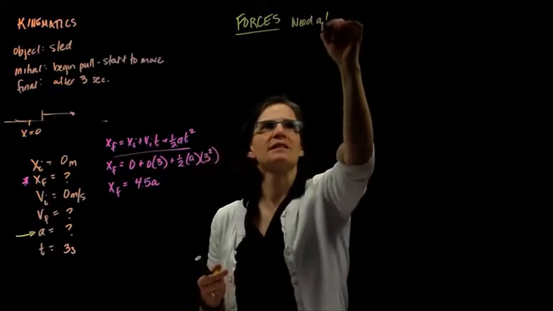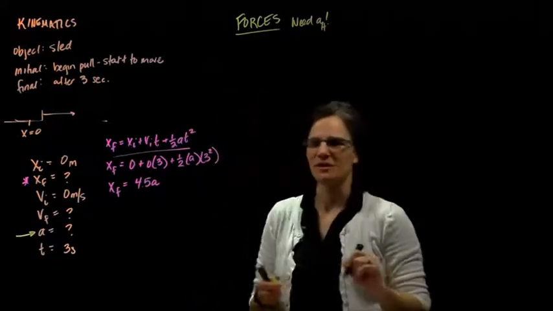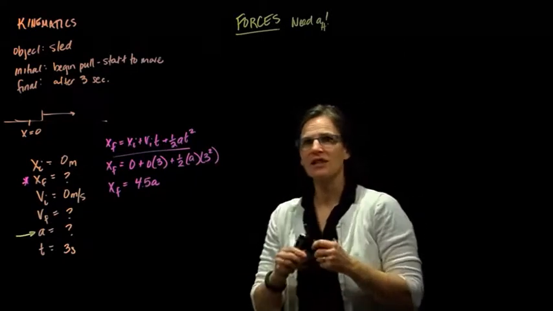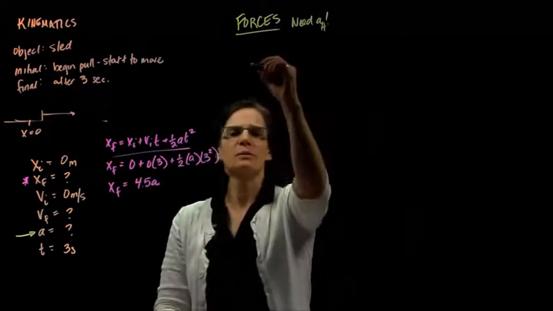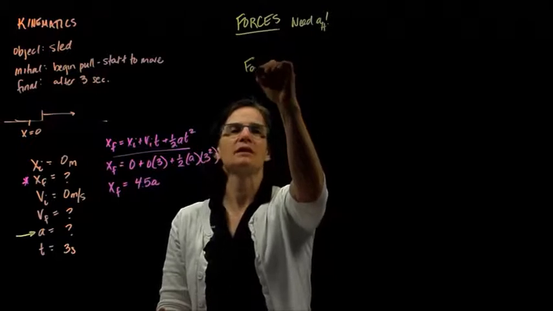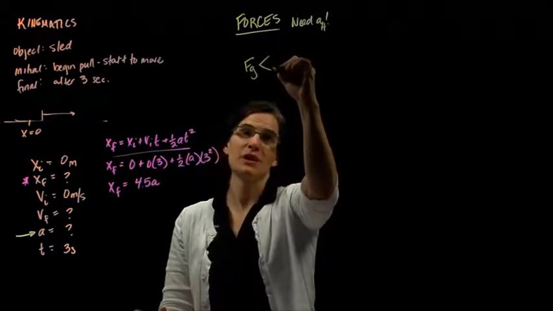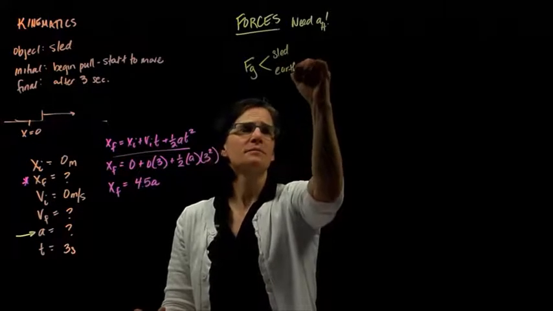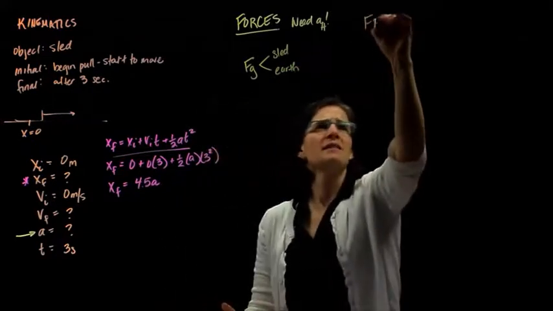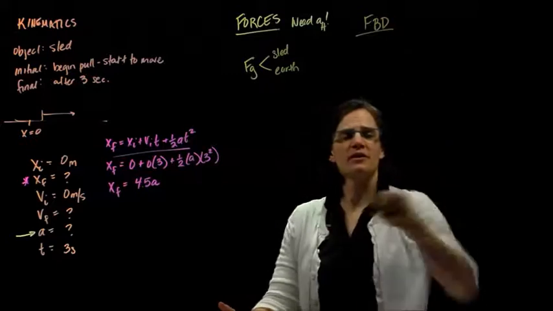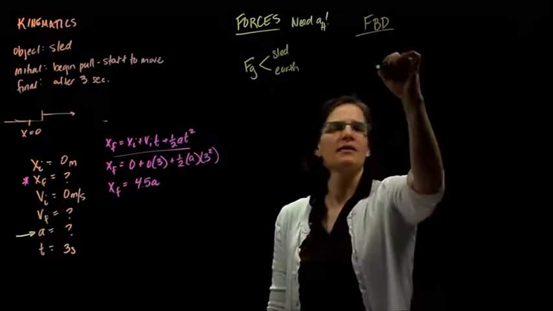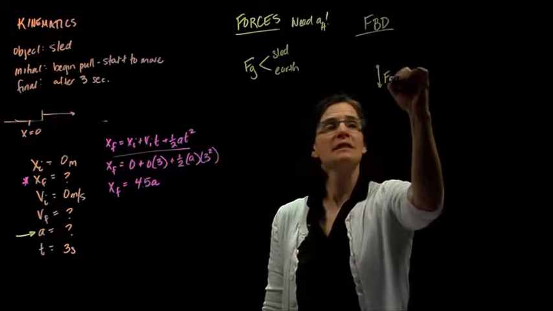Of course, that acceleration is in the horizontal direction. So we have the object of a sled. Let's start thinking about those interactions. What is the sled engaging with? We know that it's interacting with the force of gravity, so the sled and the earth. And as we develop our interactions, we should develop our free body diagram. So, force of gravity is acting down.